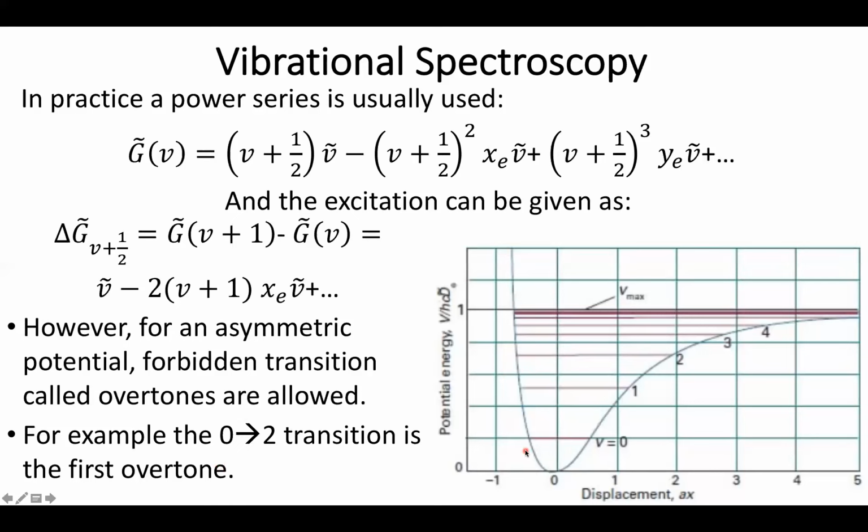It's hard to get my initial and final states to line up with that photon. So these will also be at much lower amplitude. So if you're looking for the overtones experimentally, you often need to have specially designed equipment or at the very least procedures. So this brings us to the end of pure vibrational spectroscopy.